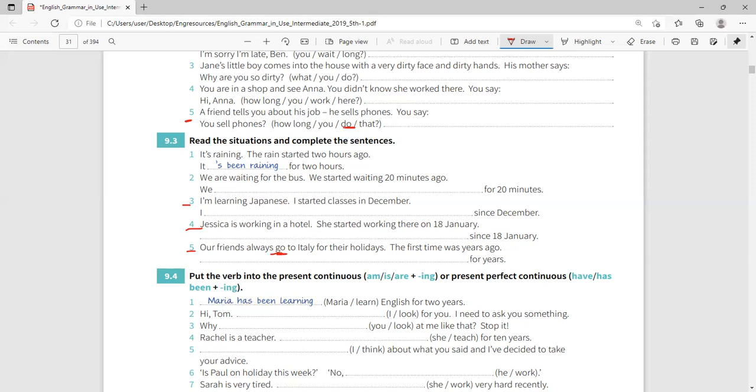Look at the verb go. Going. So they've been going to Italy for years, isn't it? They have been going to Italy for years.